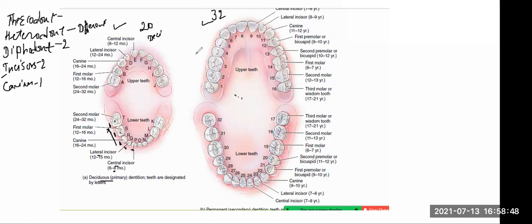Now let's look into the permanent set of teeth, which replaces these deciduous teeth. Here is your permanent set of teeth. The order of incisors, canine, molars is the same.